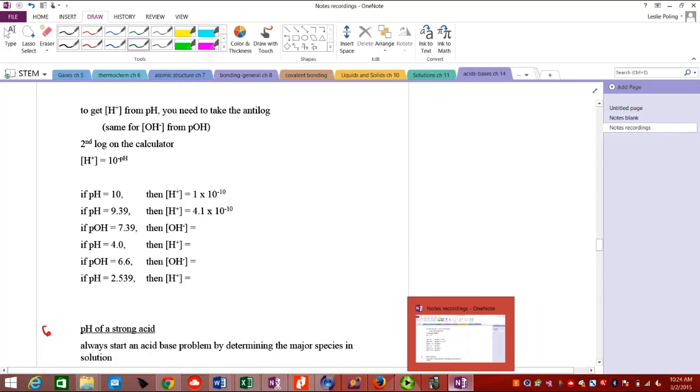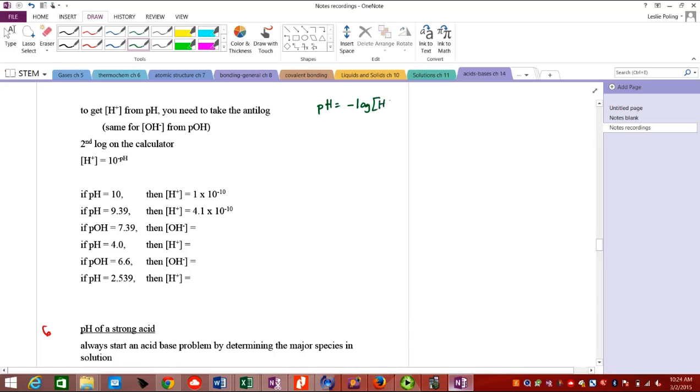Now, if we want to get the H+ from the pH, we need to take the antilog, because pH equals negative log of the hydrogen ion. So we have to do negative pH equals log of H+. And then we need to take the antilog of both sides.